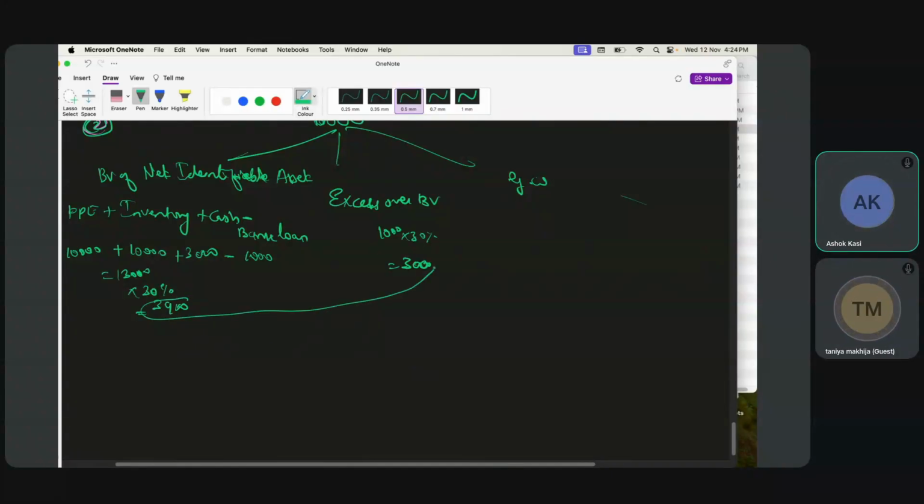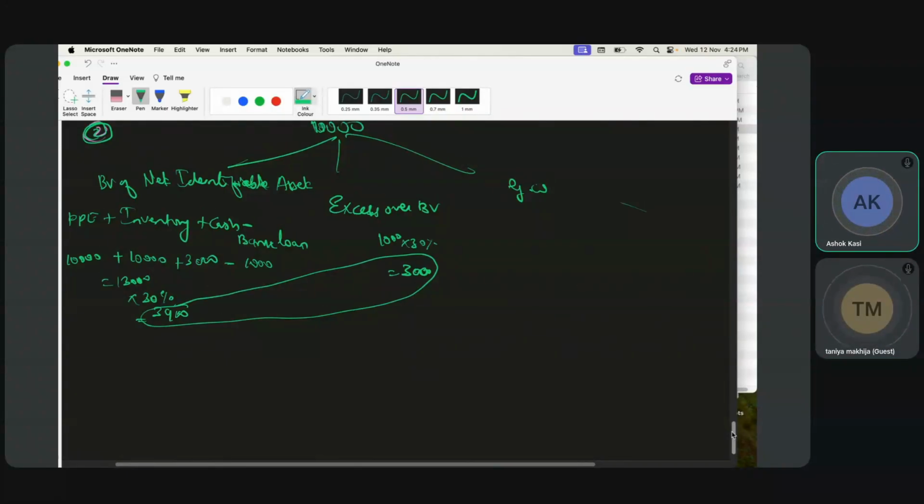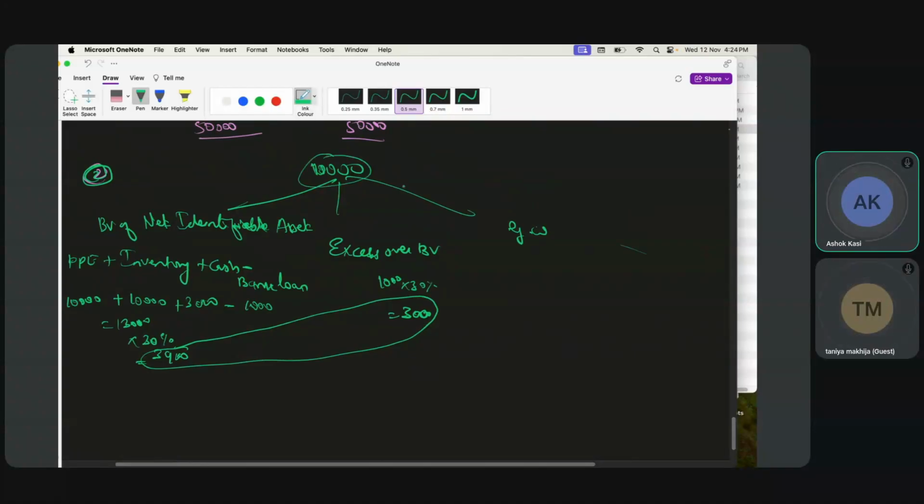So this total comes to 4,200. Ten thousand minus 4,200 is 5,800, so 5,800 is our goodwill. This is 4,200.